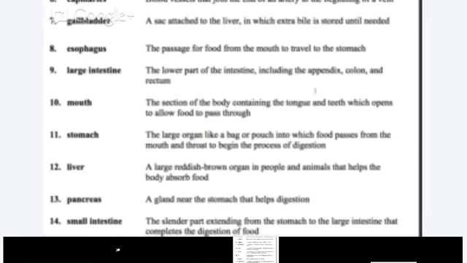Is something that we have in our body, all of the human beings, but it's useless. Yes, useless. You're perfectly right.